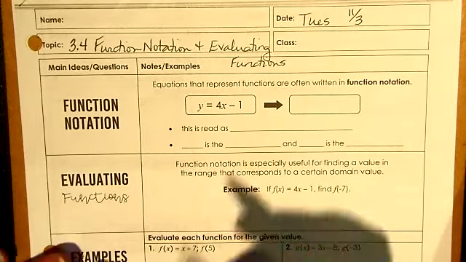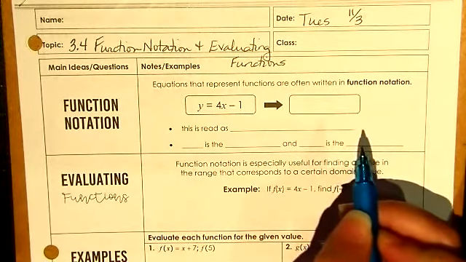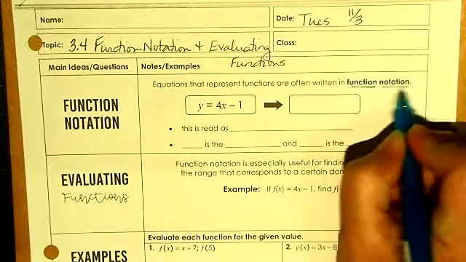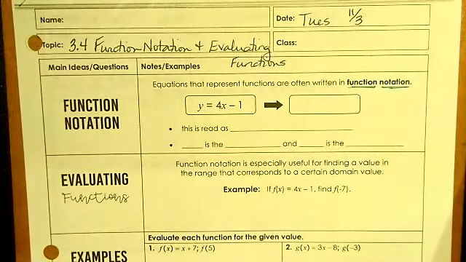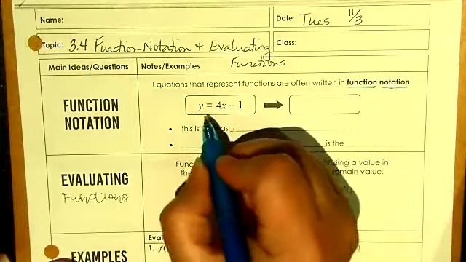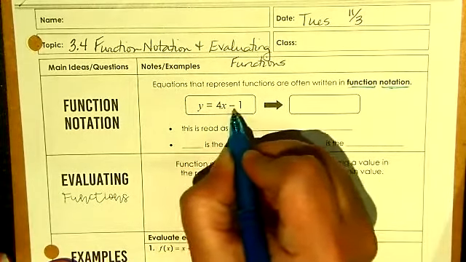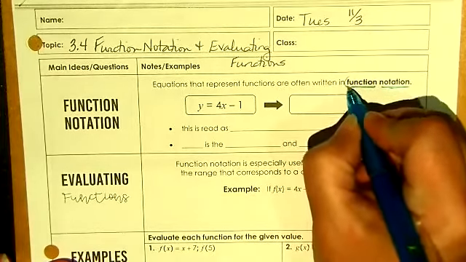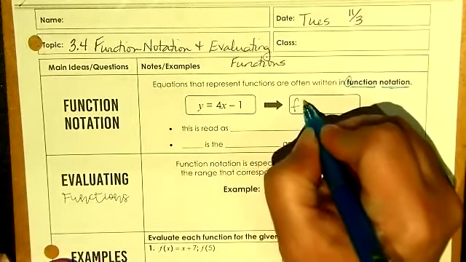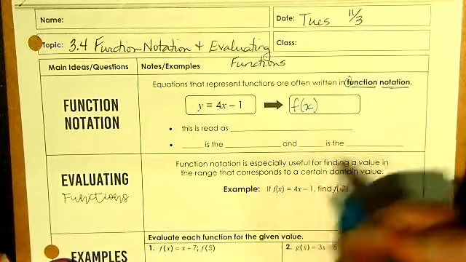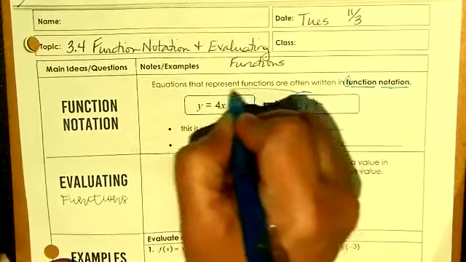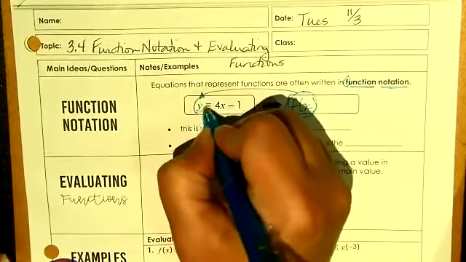Equations that represent functions are often written in what's called function notation. That's just the fancy math way of writing y. When we have the equation y equals 4x minus 1, written in function notation, you put f parentheses x close parentheses, and this is the exact same as the y.